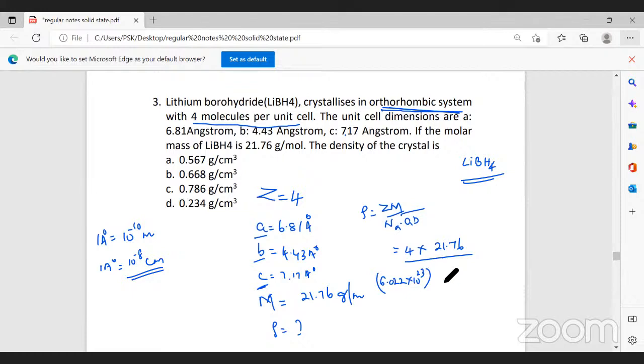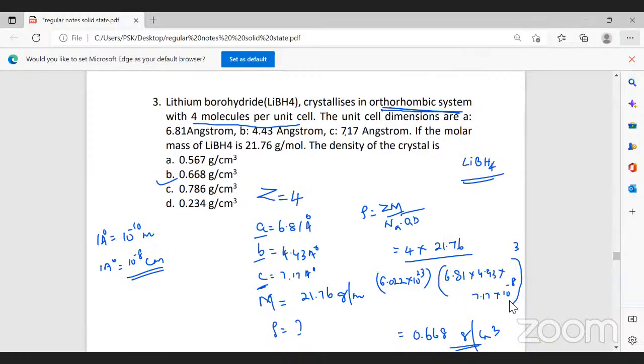Can I write 6.81 into 4.43 into 7.17 into 10 to the power minus 8 the whole cube? Yes, sir. On simplification, you will get the value 0.668 gram per centimeter cube. So the answer for this question is option B.